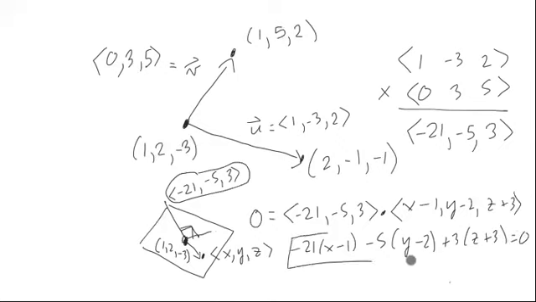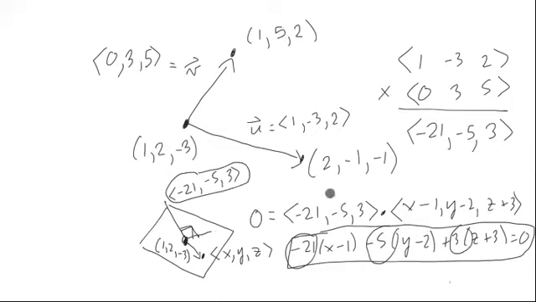This right here is the equation of the plane. Notice that the coefficients of x, y, and z, after we multiply it out, -21, -5, and 3, represent a vector that's orthogonal to the plane. That's always true.